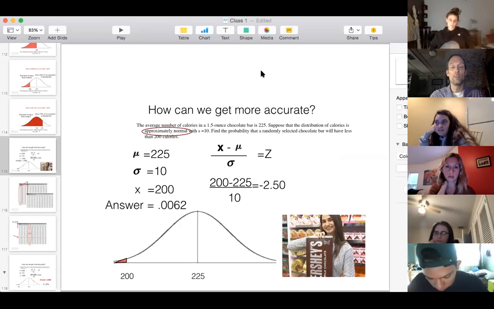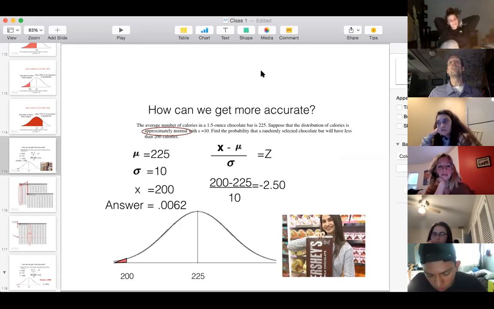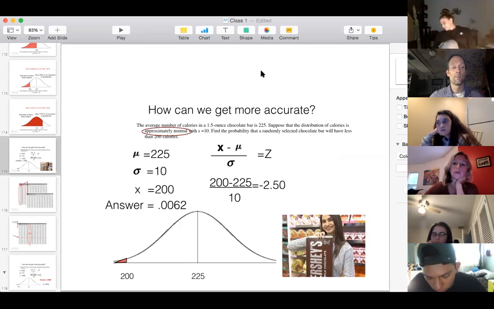How many of these should we buy? Case. Somebody's already voting for a whole entire case. All right, I like the way you think. We probably want to buy as many as we can because you hardly ever find chocolate bars with this few calories. And this is actually a question from the book, which means the data is legitimate, I mean, when they wrote the book, like 20 years ago. Anyway, that's a really neat spot for us to be in, where we can do really cool analysis that's applicable to daily life situations.